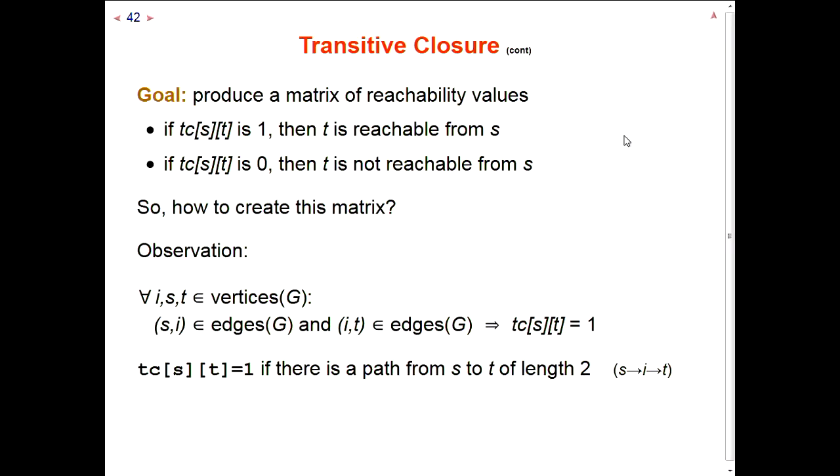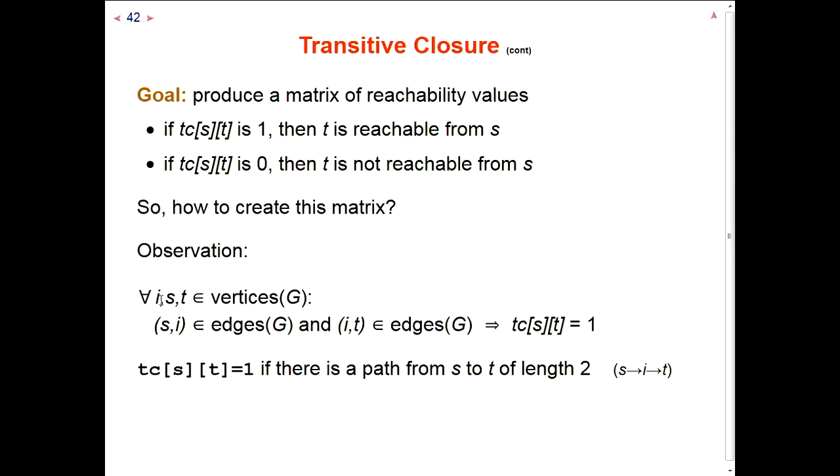We will be looking at a very nice algorithm that allows us to produce a matrix of reachability values, so that that matrix TC, transitive closure, is 1 if T is reachable from S and 0 if T is not reachable from S. Now, the algorithm that I'm going to show you is based on the following observation.